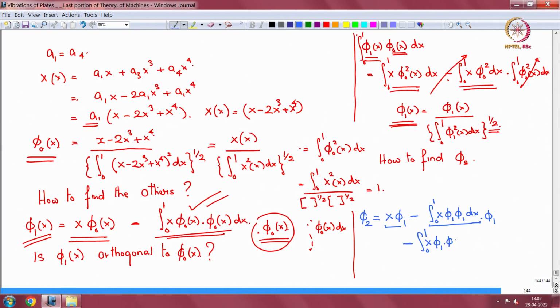This is the dot product in terms of function, okay, dx, and that much component of phi 0 is taken out, okay. From x phi 1 I am taking out a certain part of phi 1 and a certain part of phi 0.